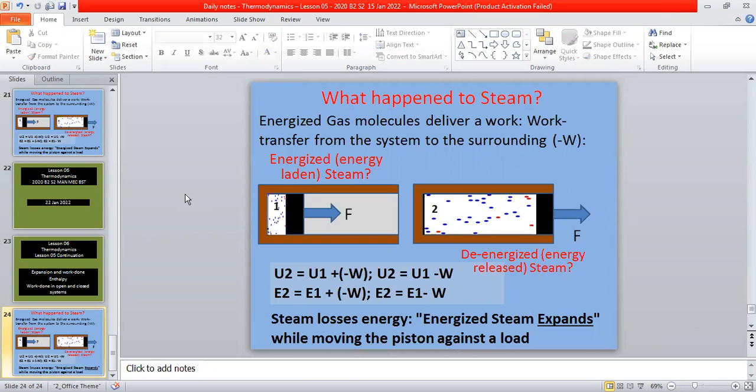When it expands while moving this piston, this steam performs a work.